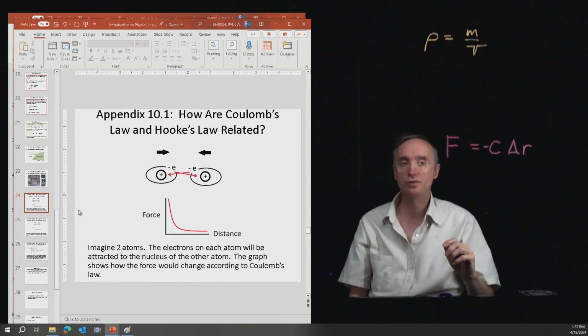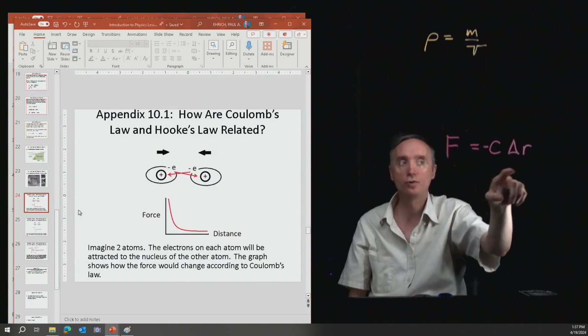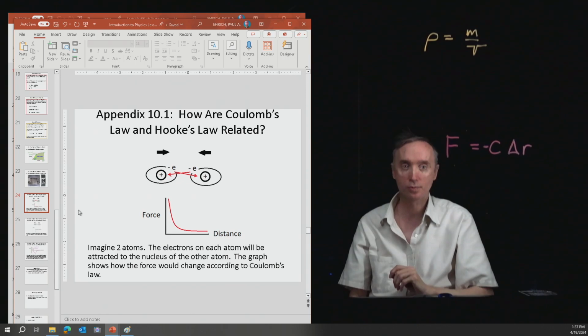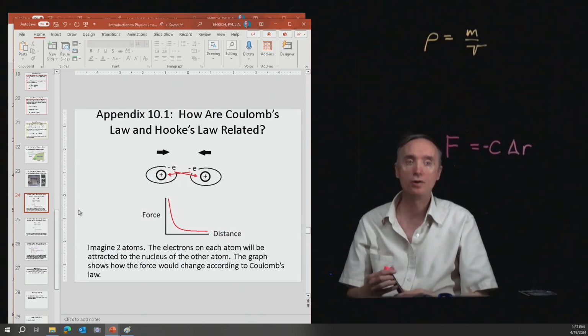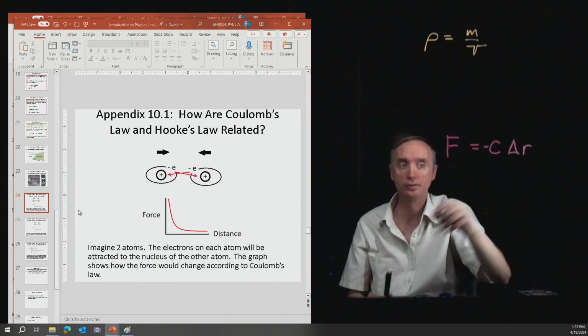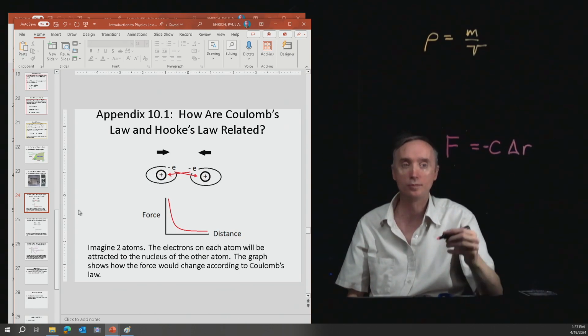So I wanted to show you how this formula is related to the atoms that make up the spring. And so we also had this other formula. This is going to be Hooke's law, this one here, but we also had Coulomb's law.